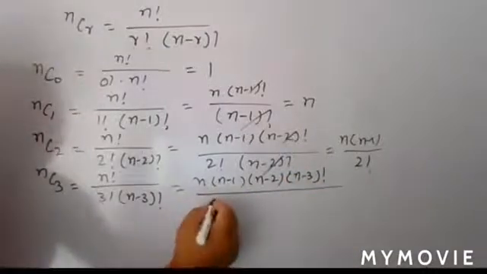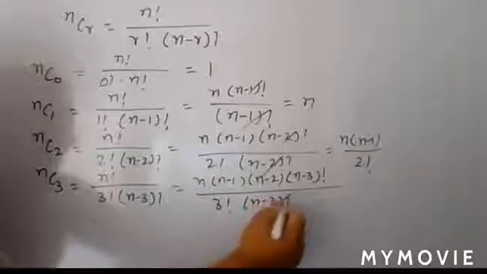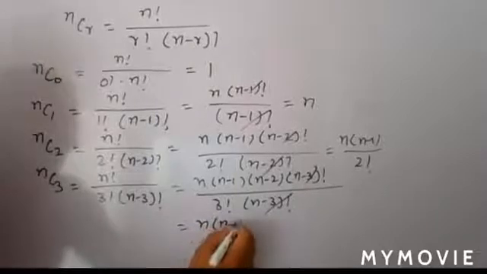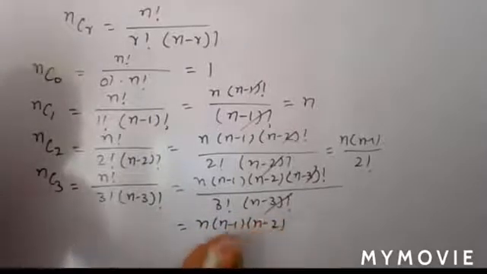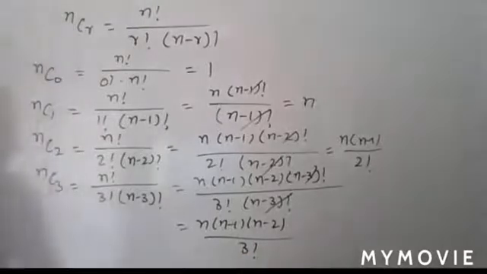So the n minus 3 factorial in the denominator cancels, and your result is n into n minus 1 into n minus 2, divided by factorial 3.